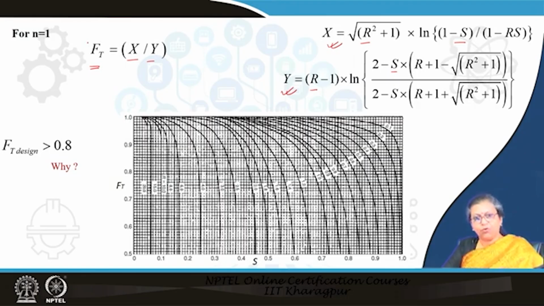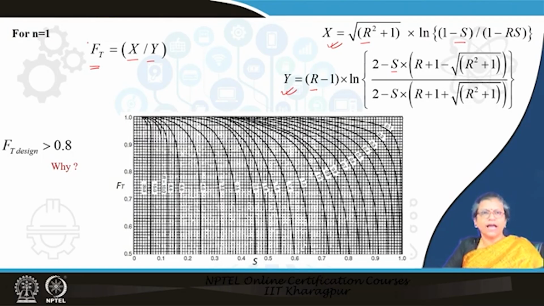When you are designing, optimum design is something which is very important. It was told to you in the very beginning of this course itself. So we would always like to optimize cost by optimizing the capital cost as well as the operating cost. So we would always like to design an exchanger which can have the lowest possible area while respecting the pressure drop constraints and while performing the heat duty that we want.